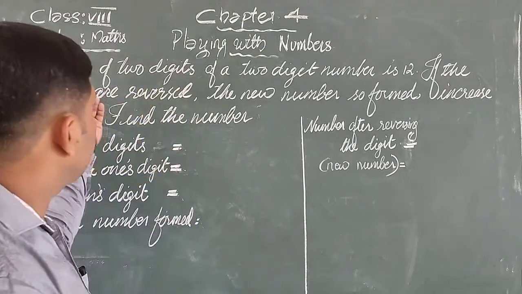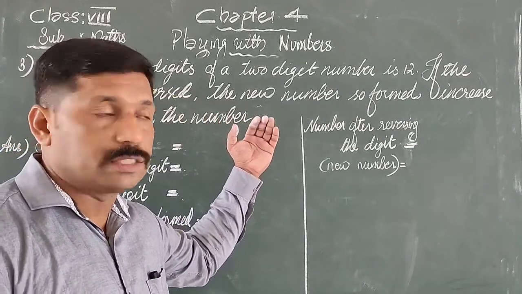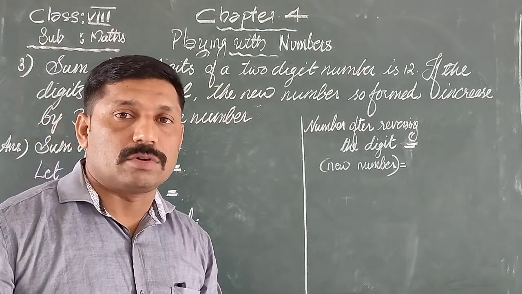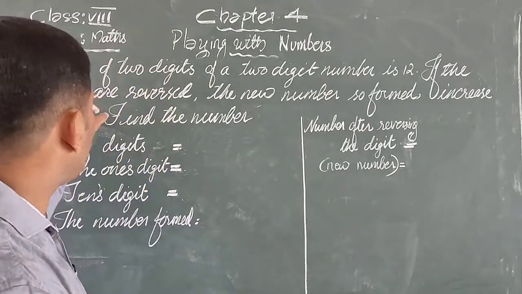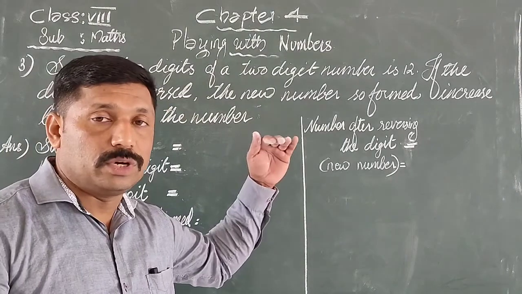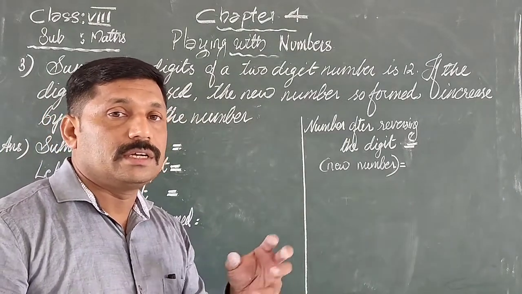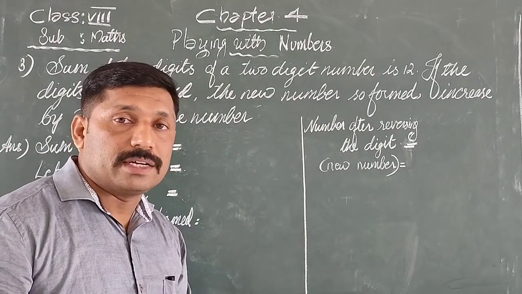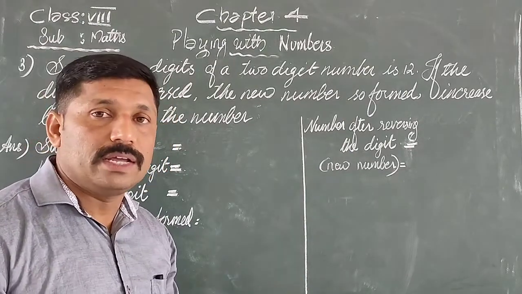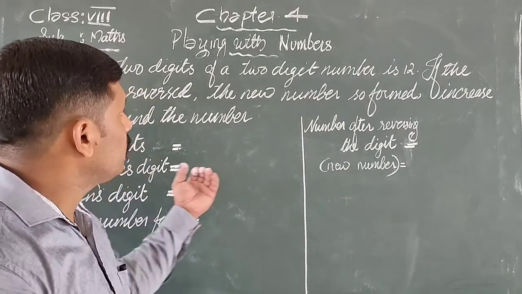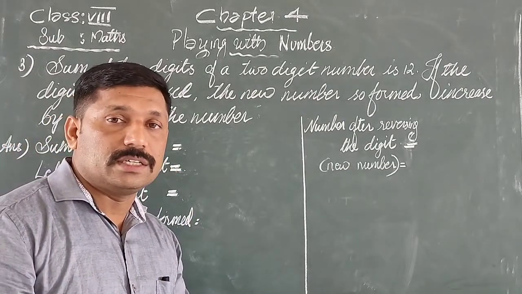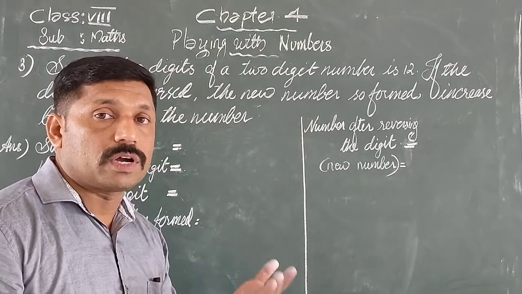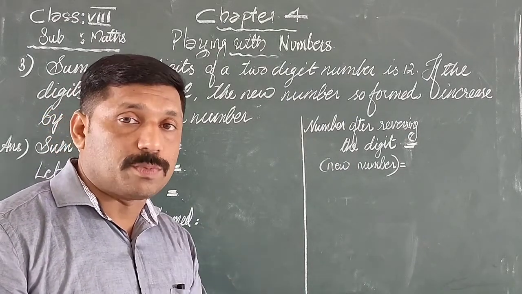So students, here we don't know which are the 2 digits, because ones place and tens place are not given. We are given only the sum of the 2 digits, 12. And also given, when we interchange the digits, the new number is 36 more than the original number.